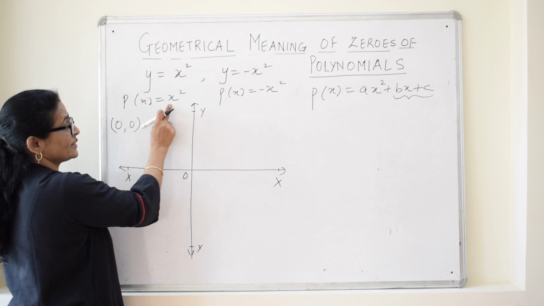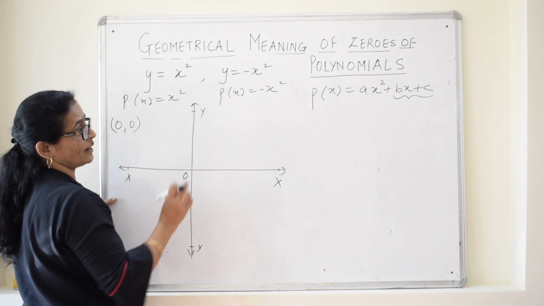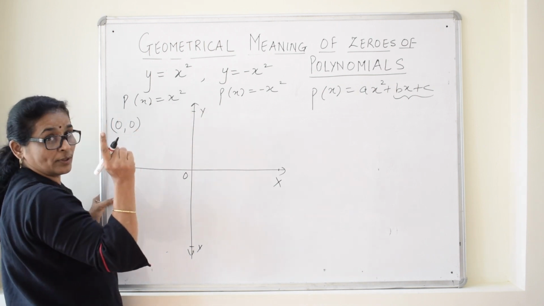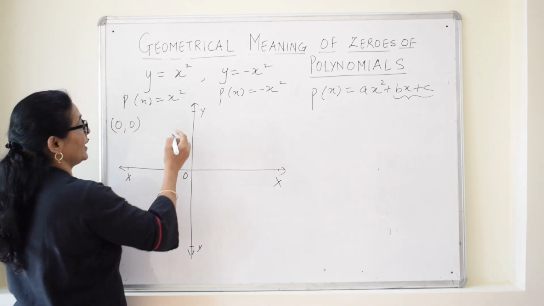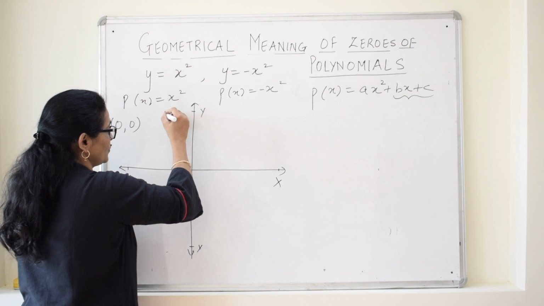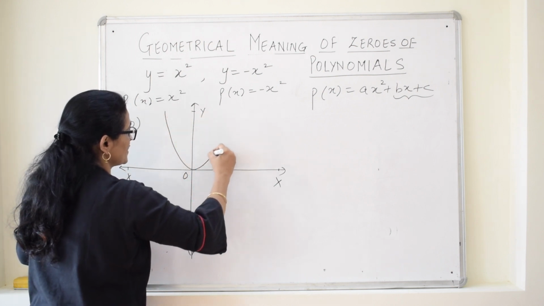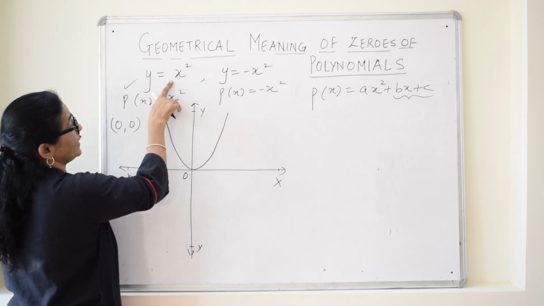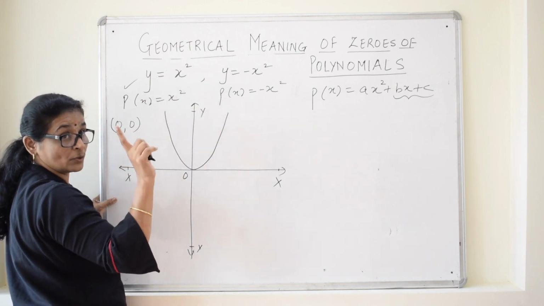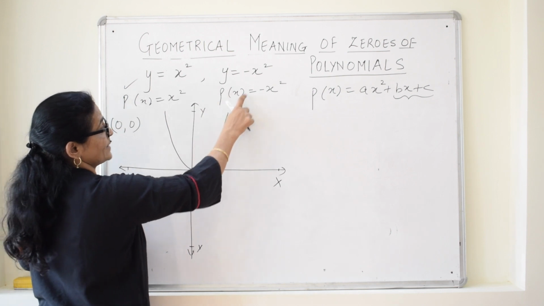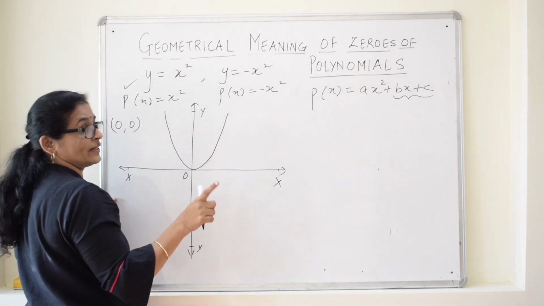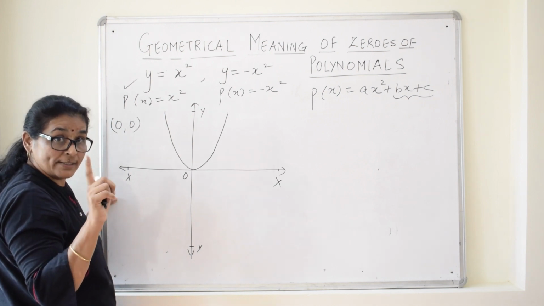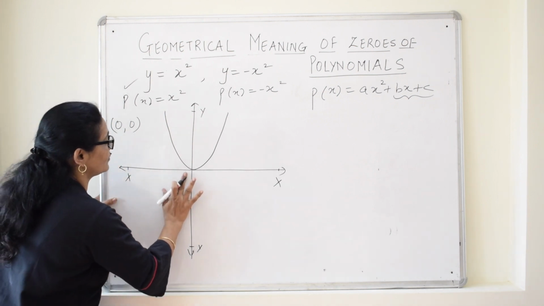Since in this case b and c are 0, this parabola is going to have only one zero, and that is 0 itself. The first polynomial will go upwards because a is greater than 0, a is positive. In the second case, a is negative, and since b and c both are 0, it is having only one zero, and that is 0 itself.